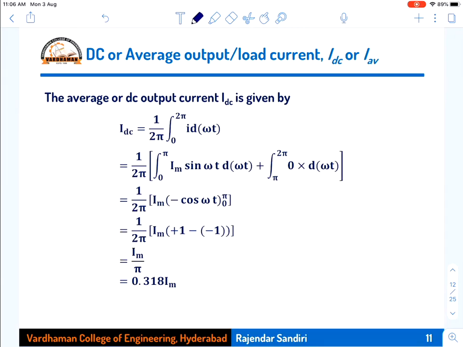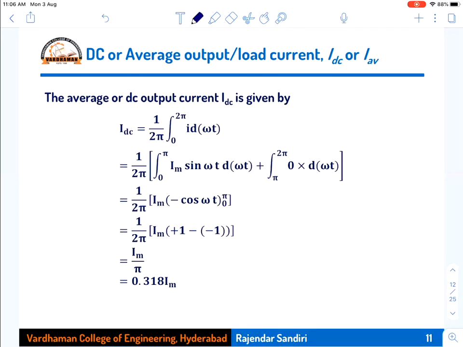Okay, so average or DC output current IDC is given by. Now how do we calculate this output DC current? One cycle is nothing but 0 to 2 pi.